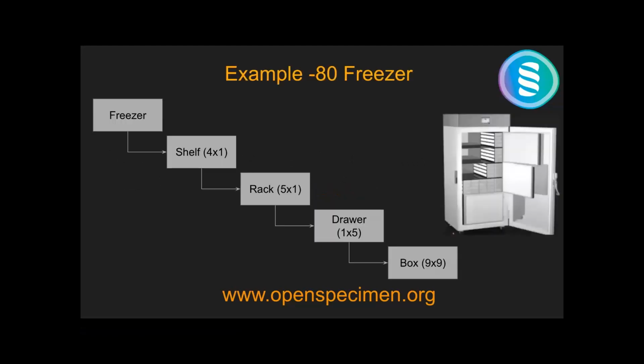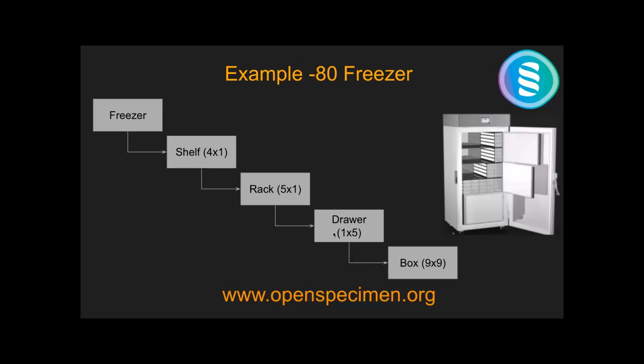Within the demo, what we are going to see is this. This is one example, a -80 freezer. Just imagine you have a similar freezer in your lab. If you open the door of the freezer, you see four shelves, so I have four rows and one column. Then when I open an individual shelf, I can see place for five racks, just to give you one example, so I have five rows and one column.